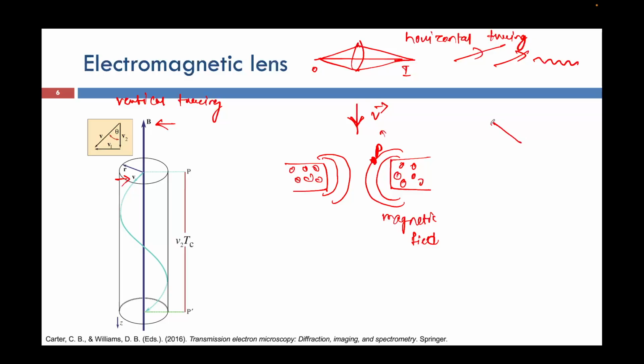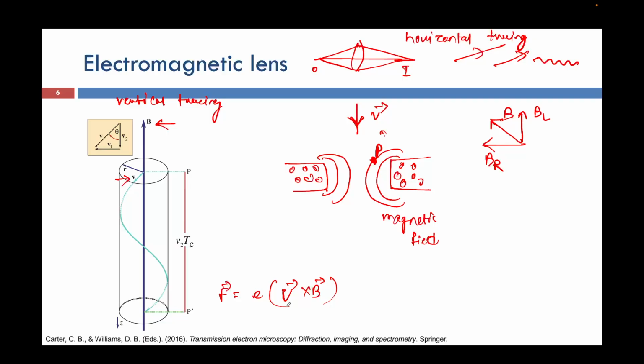Let's say my magnetic field is B. If I want to break it down into two vectors, one will be B radial, another one will be B longitudinal. Now the force that my charged particle will experience will be V cross B, the cross product of velocity with the magnetic field.